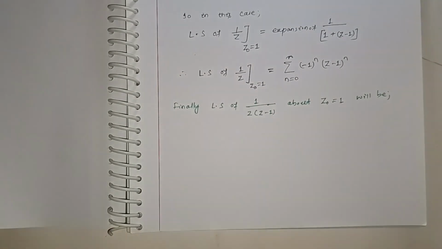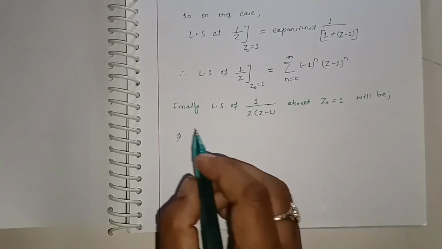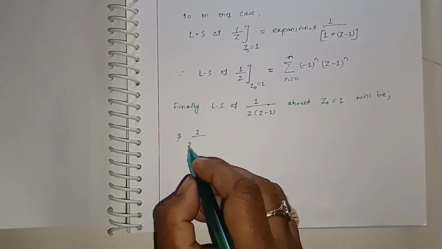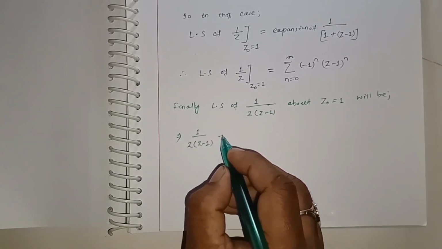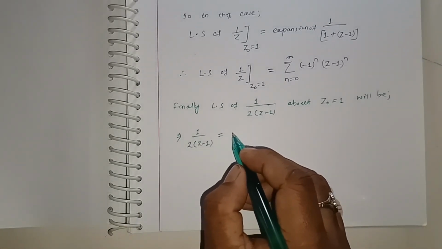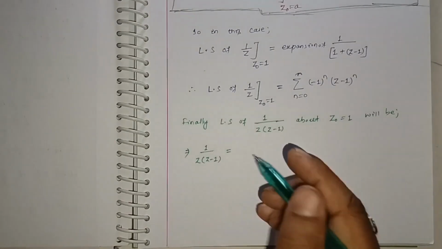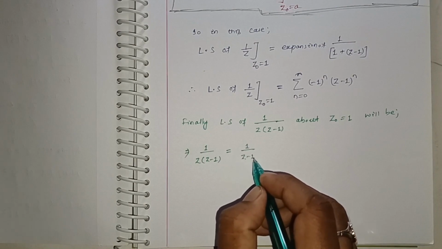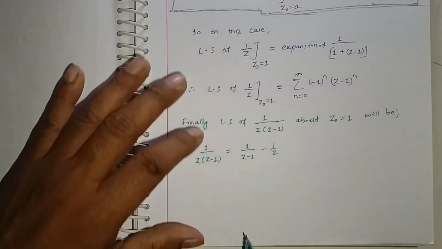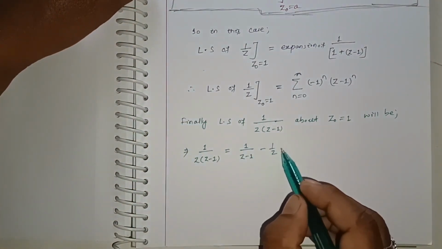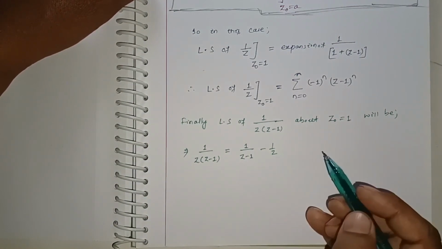That implies 1 by z into z minus 1 equals 1 by z minus 1 minus 1 by z. That means we need the Laurent series of this one and of this one about z equal to 1.